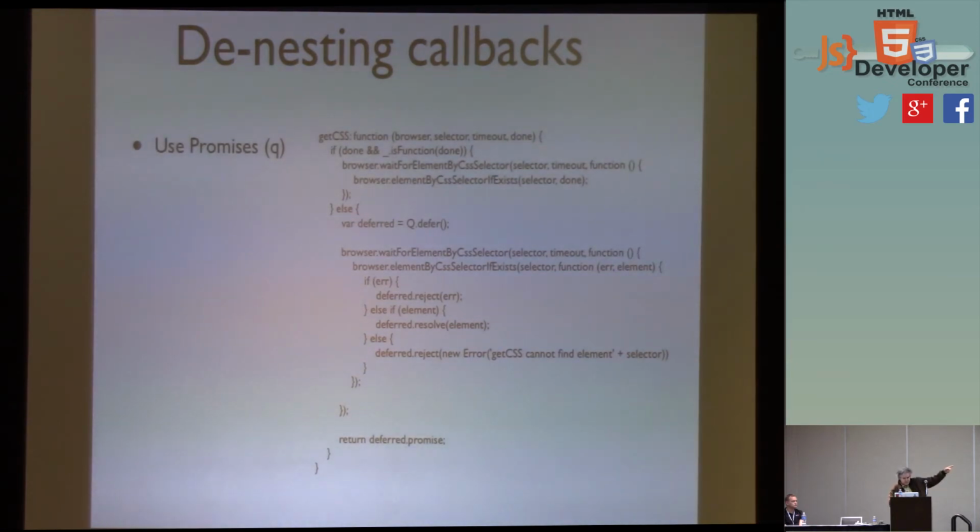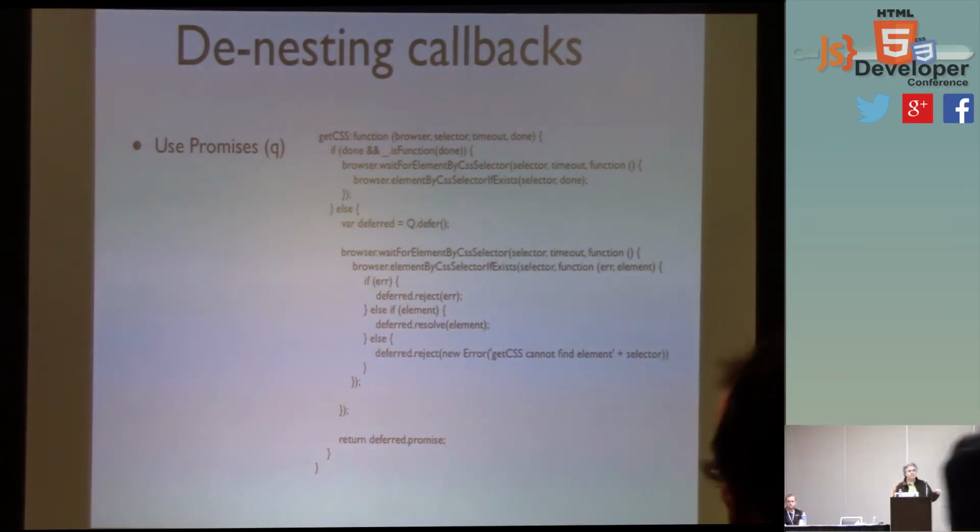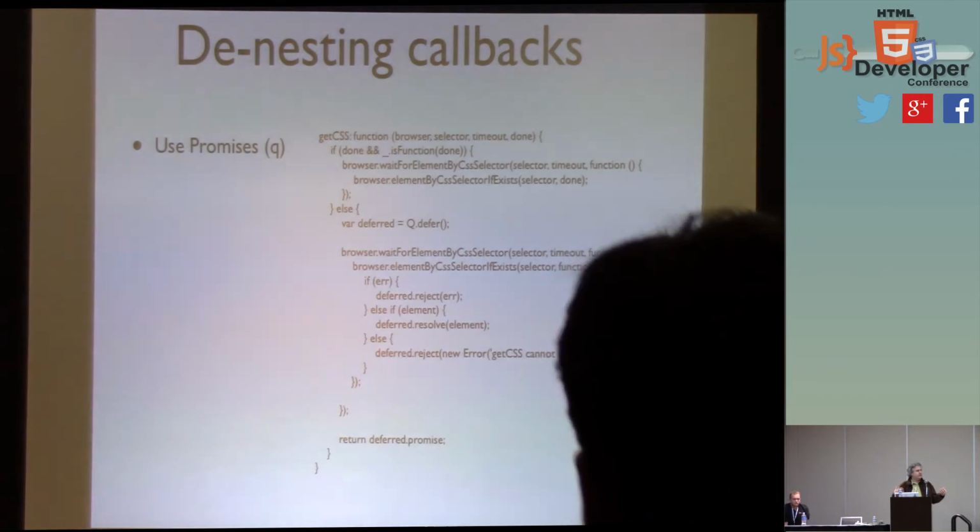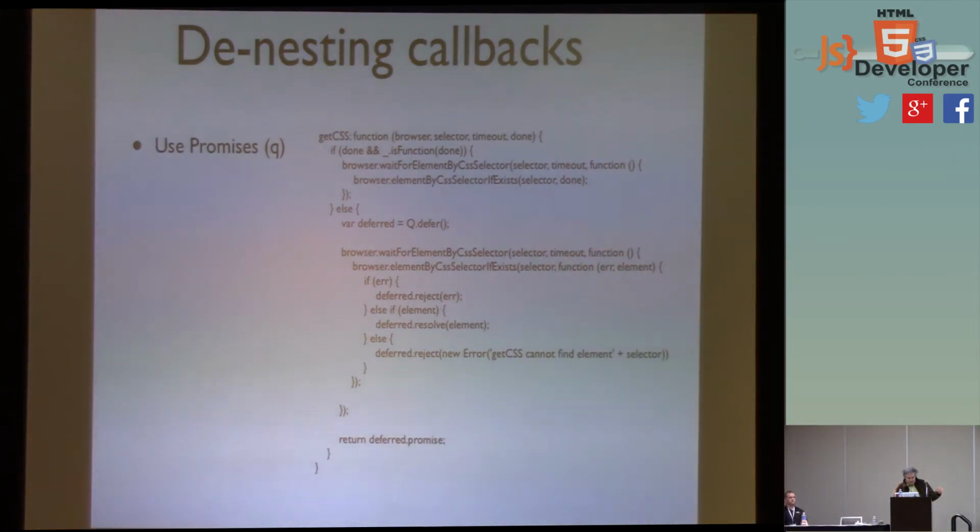So you see there's a deferred object created by the Q library. You can do one of two things to pass data out from the end of an asynchronous call. You can reject or throw an error out by passing an error into the deferred object, or you can resolve it, which means I'm going to return the expected result, and it'll be fed back to the test.